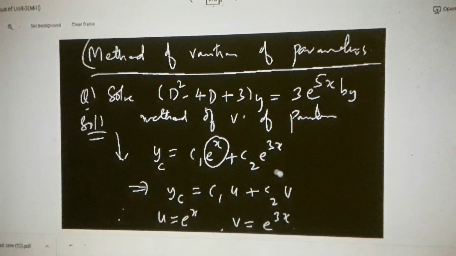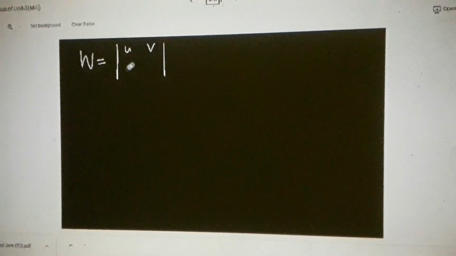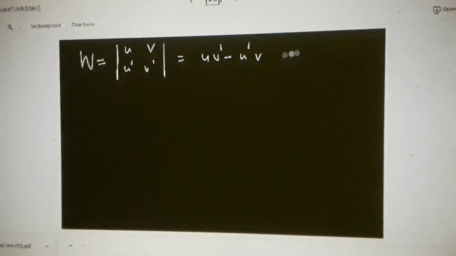Once we are ready with yc, we get u and v. Next we calculate W, which is nothing but the Wronskian of u and v, that is u v' - u' v, which finally should be not equal to 0.